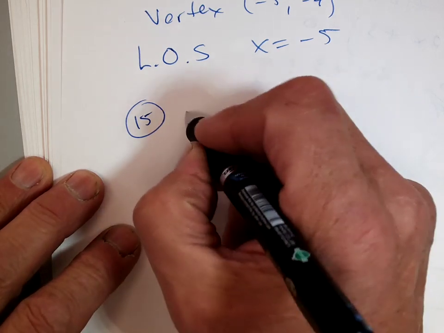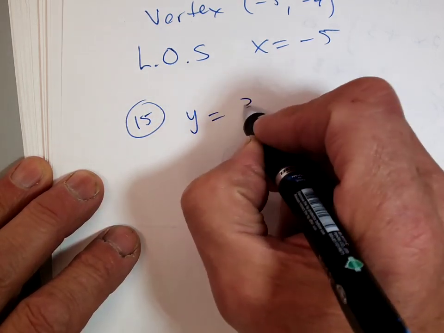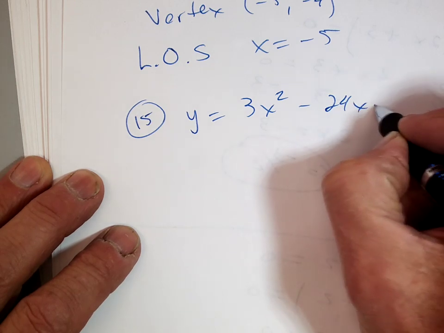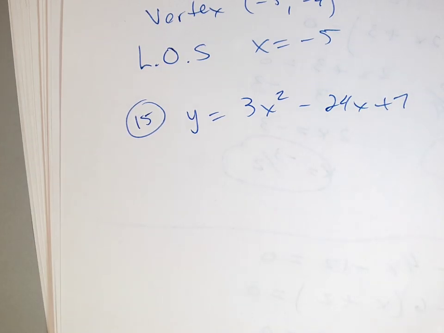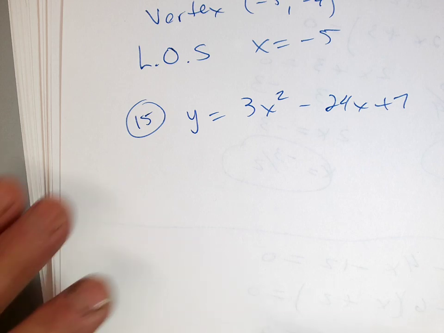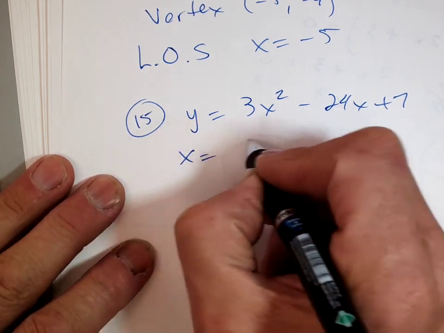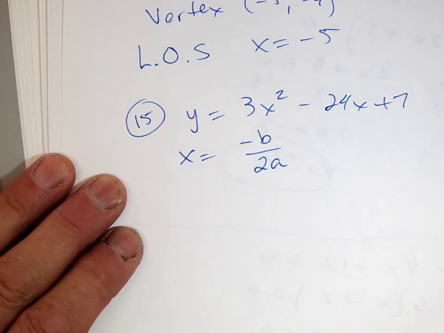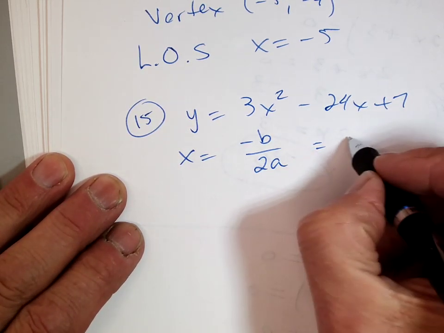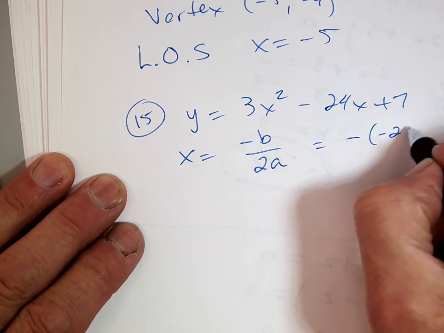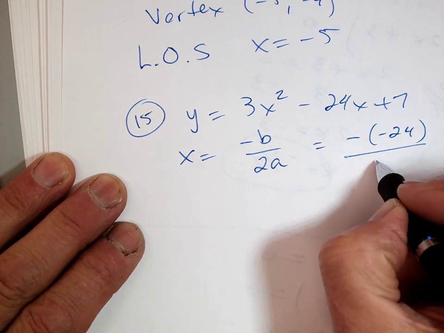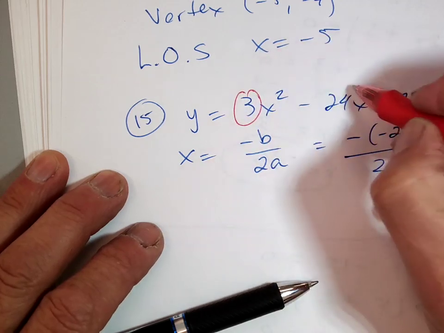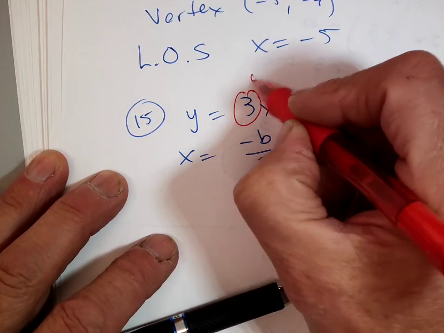Okay, y equals 3x squared minus 24x plus 7. Now this is in standard form. If it's in standard form, we're going to have to use x equals -b over 2a, all right? So I'm going to go negative negative 24 over 2 times 3, because a, b, c.